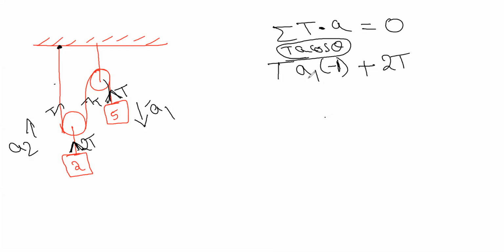So here it is T A cos theta, correct? So T A1 cos theta, cos of 180 is -1. Now plus, for this 2 kg block, tension is upwards 2T, correct? 2T into acceleration A2, both are in same direction, means theta is 0.